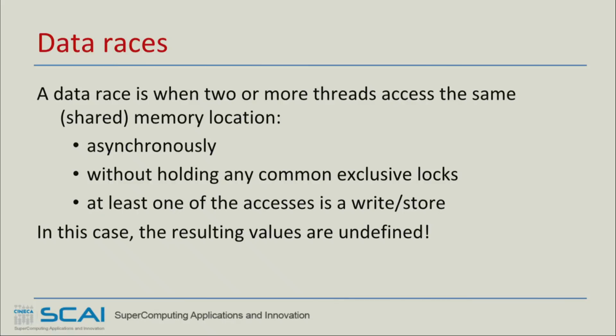Okay, so what you just experienced is the data race phenomenon, where two or more threads can access at the same time a shared memory location asynchronously, so in different moments, but without any locks.